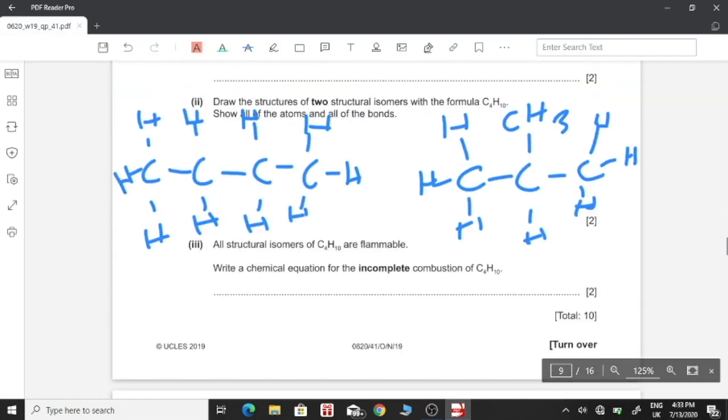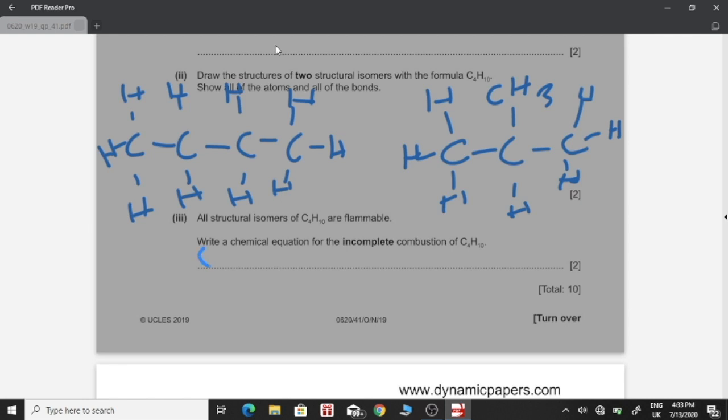Okay. Part 3. All structural isomers of butane are flammable. Write a chemical equation for the incomplete combustion of butane. Okay. So in incomplete combustion, we have the products as water and carbon monoxide instead of carbon dioxide, and we need to balance this here.